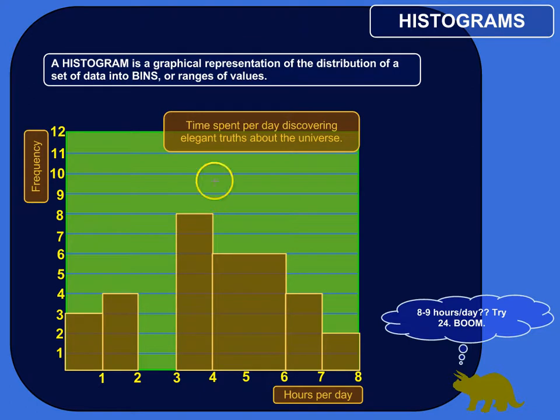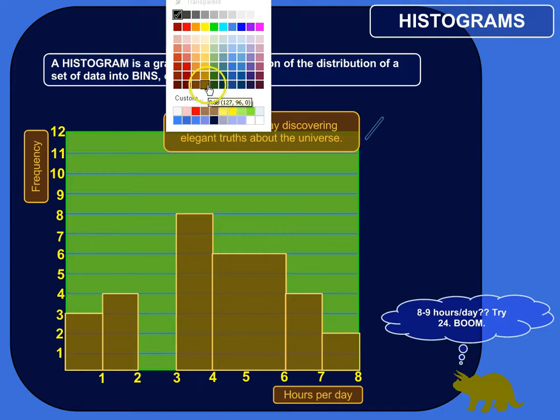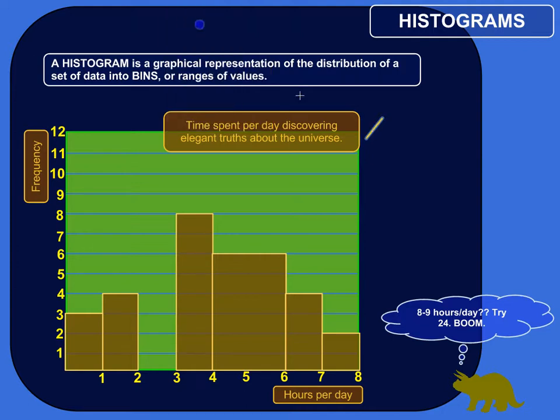So here's our histogram. Here's the title of the histogram: time spent per day discovering elegant truths about the universe. On the y-axis, I've got frequency, and this is just showing how often data falls into each of the ranges.